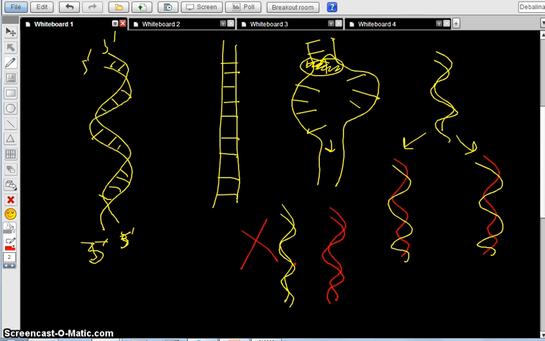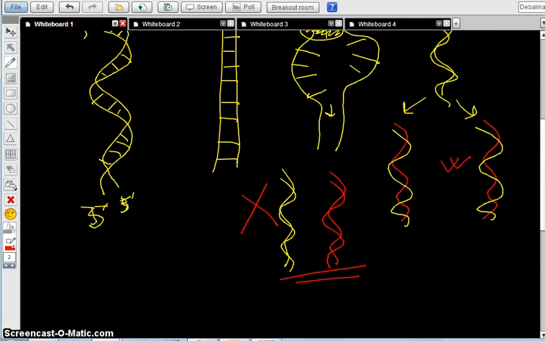We can discuss it in a different video, but here I will only say that the Meselson-Stahl experiment showed that DNA replication is semi-conservative, and this is the example if the DNA replication had been conservative.